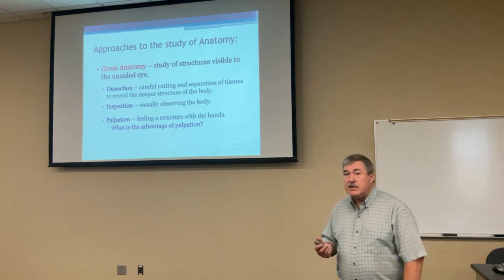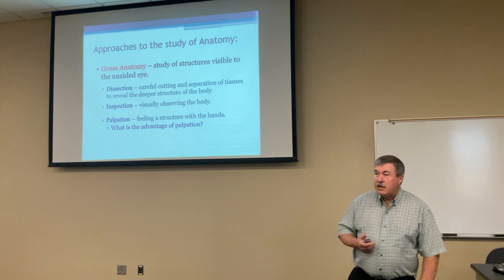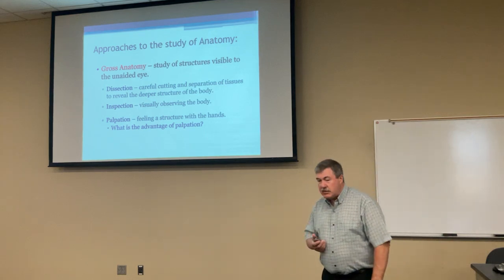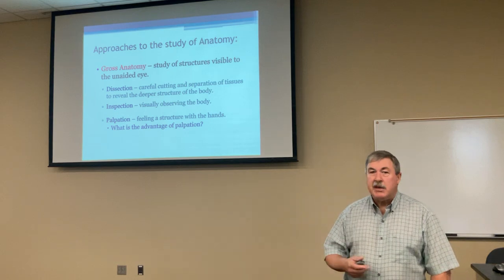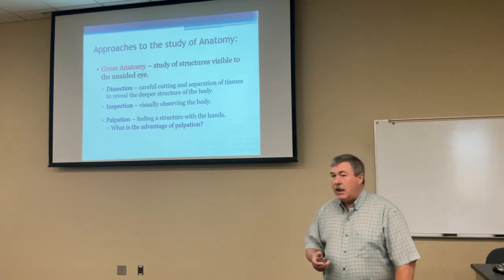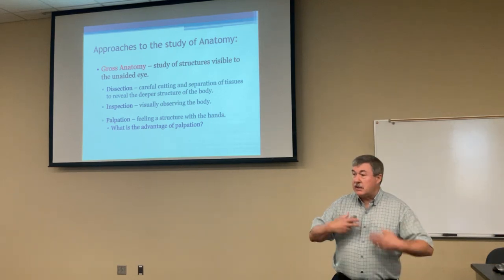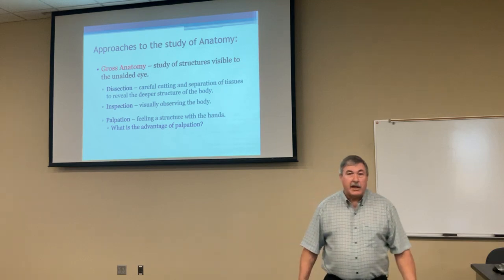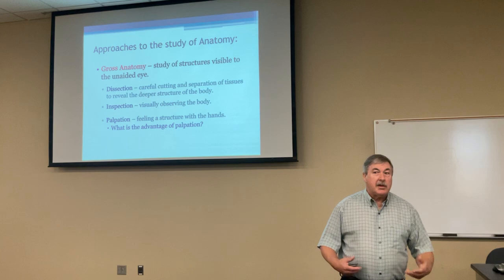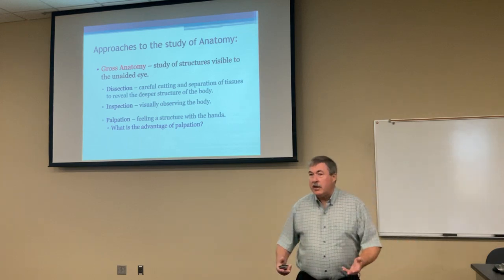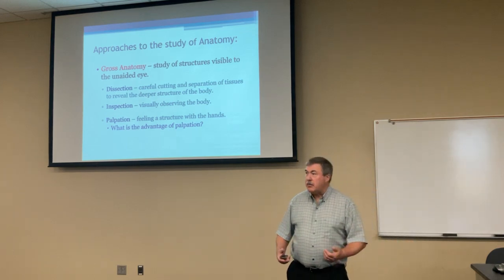Another approach is inspection. Inspection can be used to study either the internal anatomy or the external anatomy. Inspection means just a look. And you can see a lot of things on the surface of the body that's part of our structure. And you can even determine a lot about a person's health just by looking at their external appearance.